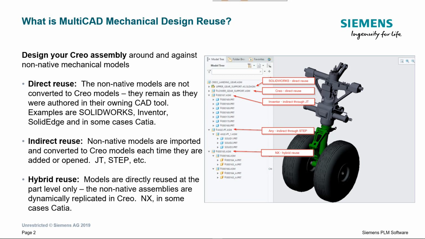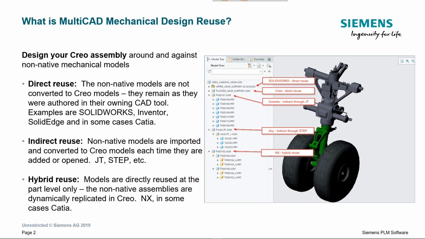Direct reuse means the non-native models are never converted to Creo models, they are just used as is, in the Creo session. Direct reuse is possible for SolidWorks, Inventor, Solid Edge, and depending upon configuration choices, CATIA. Indirect reuse means first converting the non-native files into a neutral format, such as JT or STEP, then importing them into Creo.